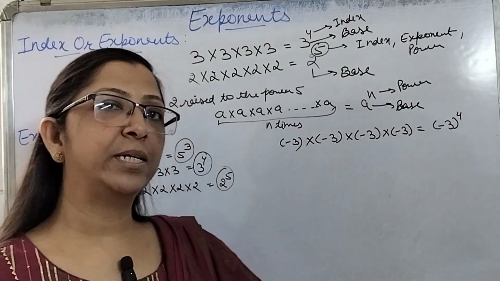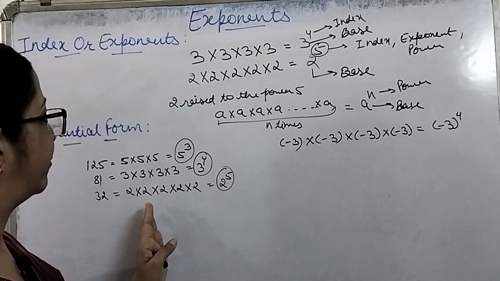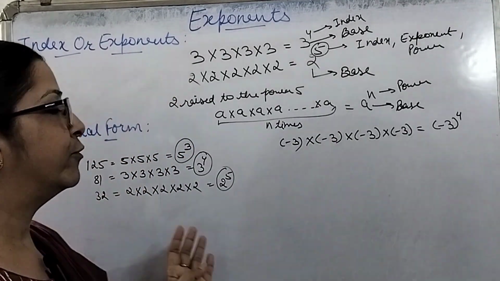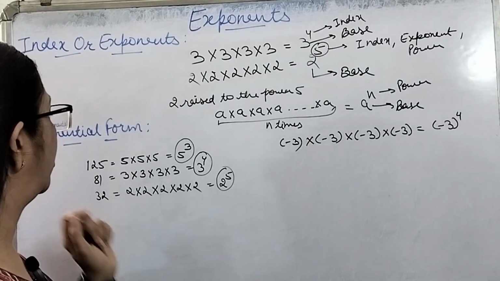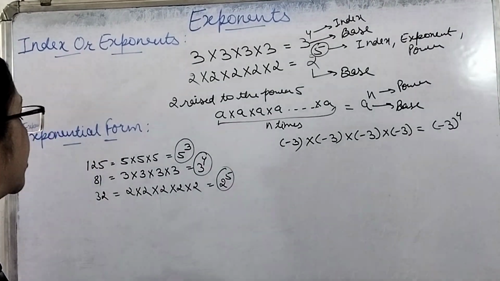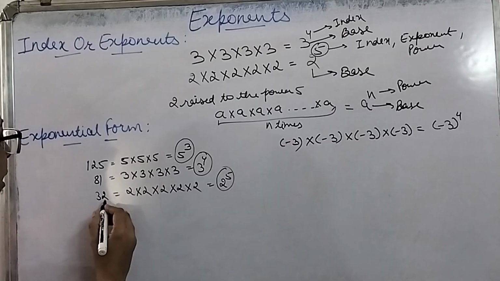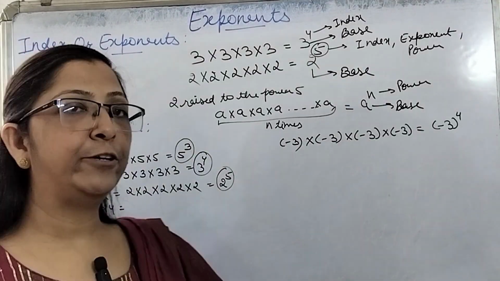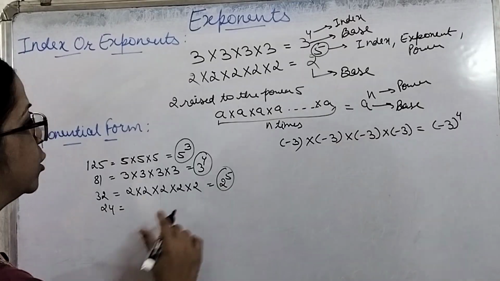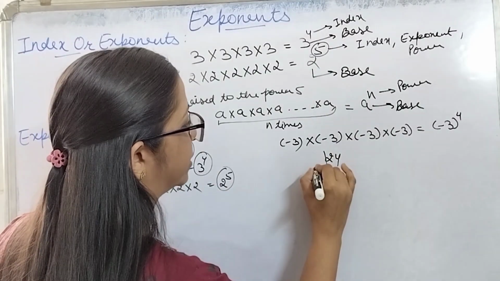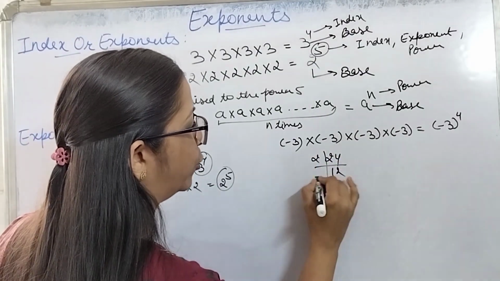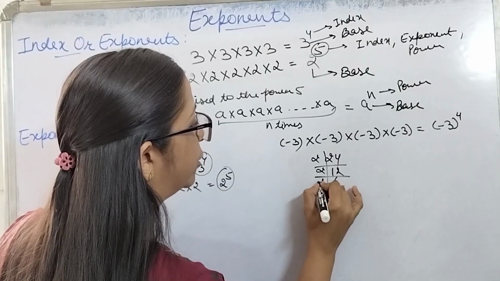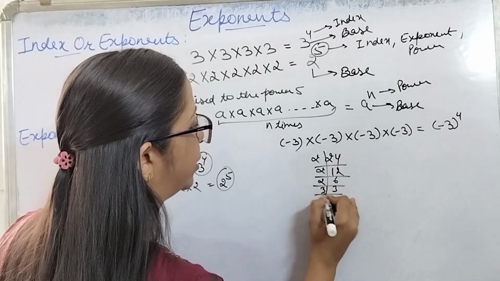So if any number is given to us, we can do the prime factorization, and in that way we will be writing the exponential form of that particular number. Suppose your number is say 24. So if we do the prime factorization of 24: 2 12s are 24, 2 6s are 12, 2 3s are 6, then 3 1s.